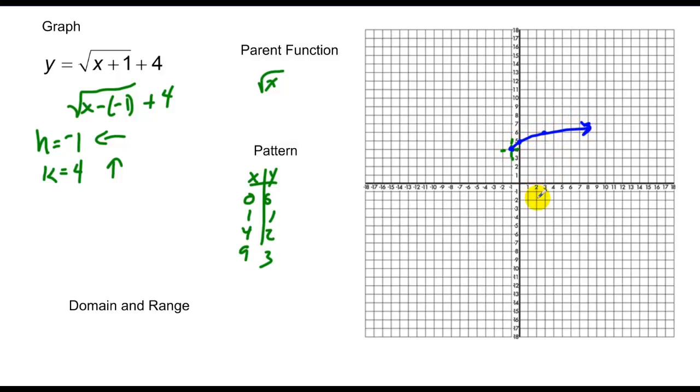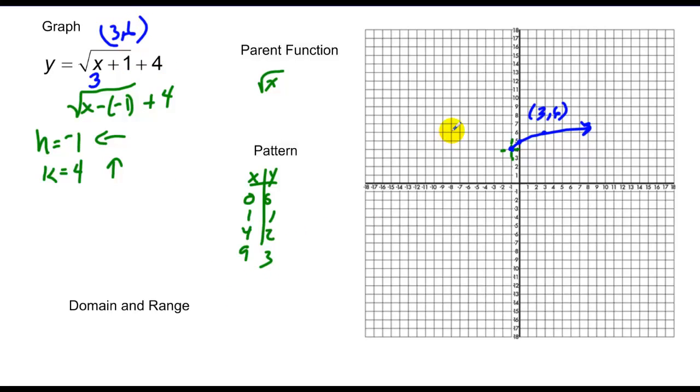So we could pick a point to check, which is what I always recommend. This is a point 3, 6 apparently. Plug 3 into the x value. That's 3 plus 1, which is 4. Square root of 4 is 2, plus 4 is 6. So 3, 6 checks, and I've graphed it correctly.